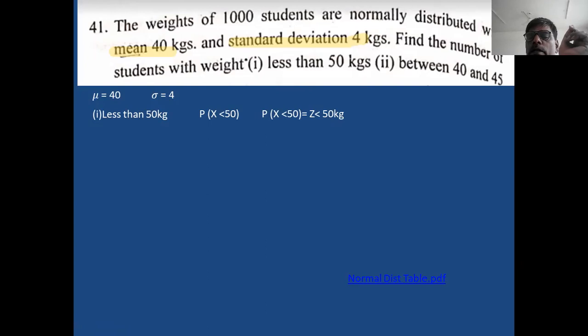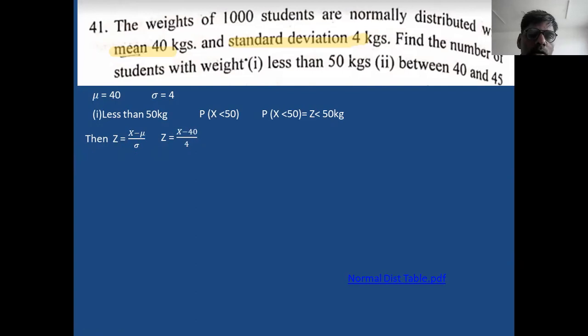The Z equation is X minus mean divided by standard deviation. So Z is equal to X minus 40 divided by 4. This is the standard.